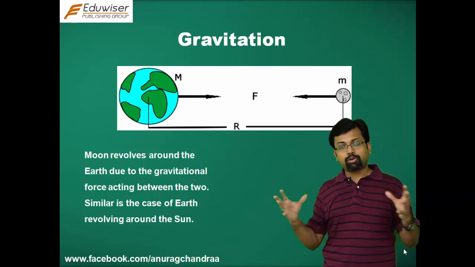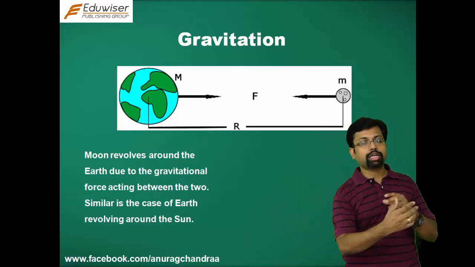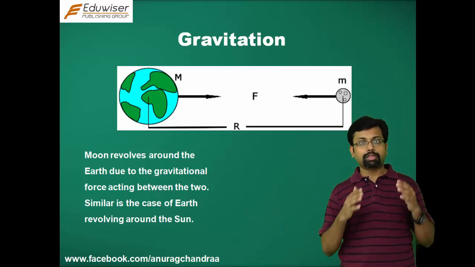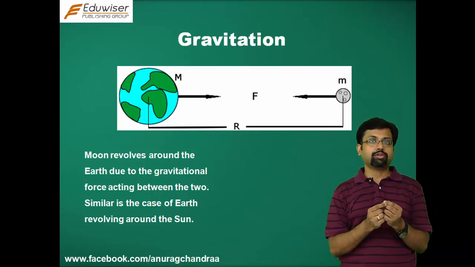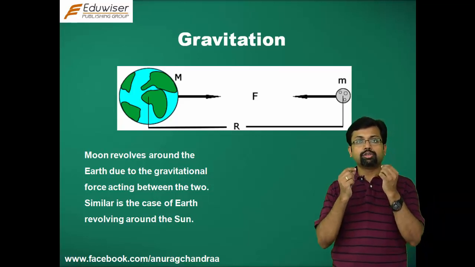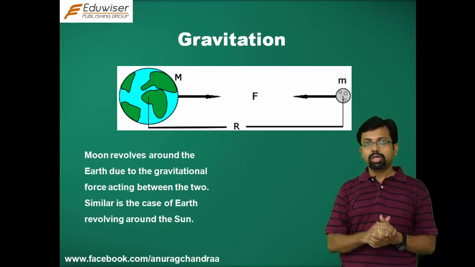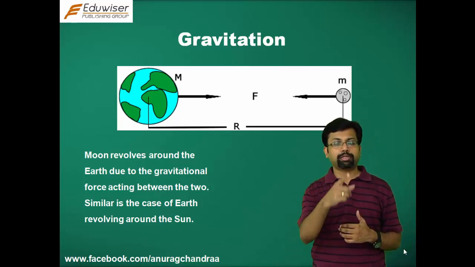So for the same constant force acting between these two objects, the earth would take a path around the sun, but the sun would not move because the acceleration that it experiences as a result of the gravitational force acting between the earth and the sun is too small. So generally you have the paths of the planets as circular or elliptical.